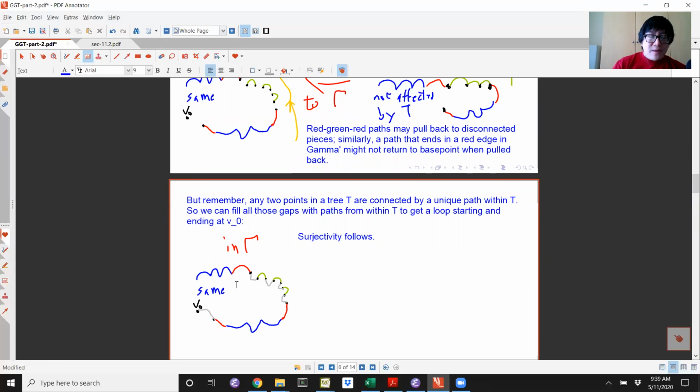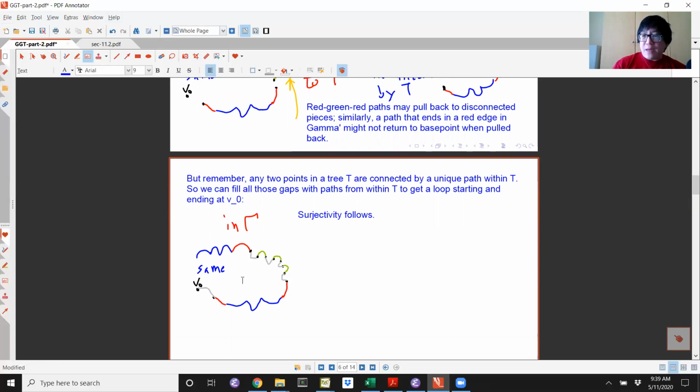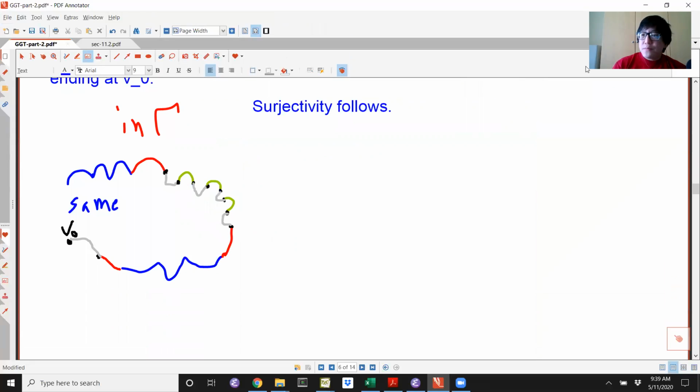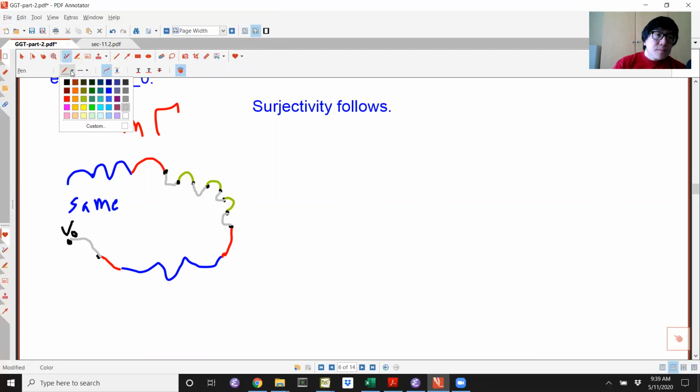So right. So then we get a loop in gamma that starts and ends at the correct point. Okay. So great. So surjectivity follows. Now let's do injectivity. Right.